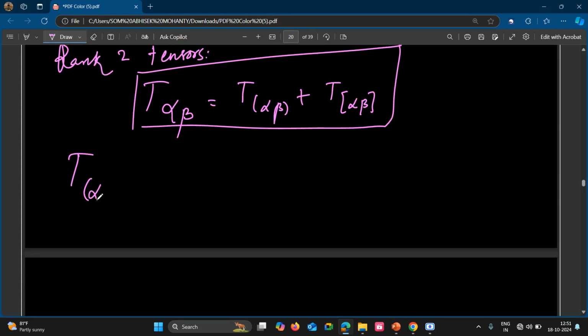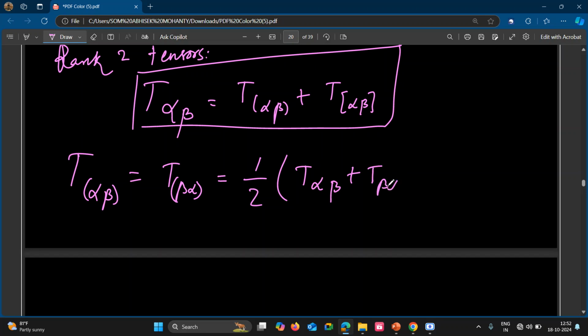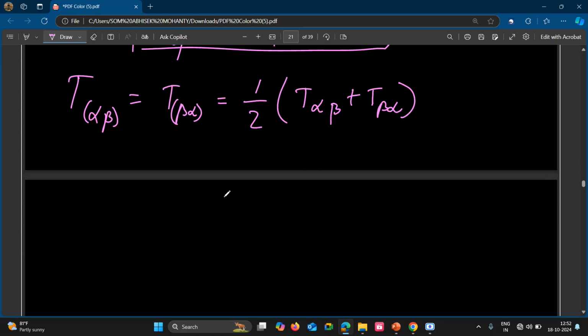This is T alpha beta equal to, in square bracket, the normal bracket. This is equal to half of T alpha beta plus T beta alpha. You must have studied this in matrices. And what is this one? You can guess, it's the anti-symmetric part. This is very easy. There's nothing else here.